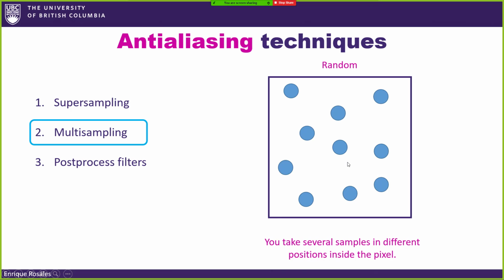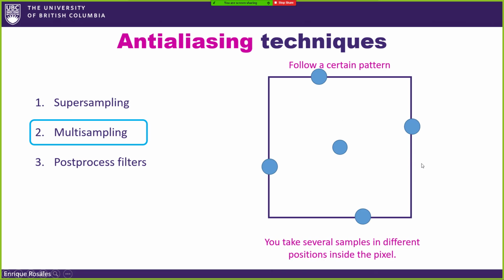So in that case, let's assume you're casting 5 rays per pixel, maybe the one in the middle plus 4 in random positions. This idea is different, because you have 1 in the middle plus 4 new samples, but you place the samples so they collide with the next pixel.